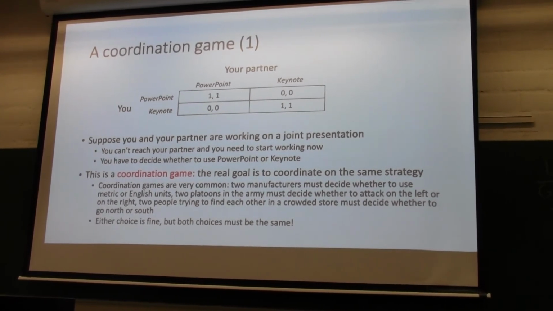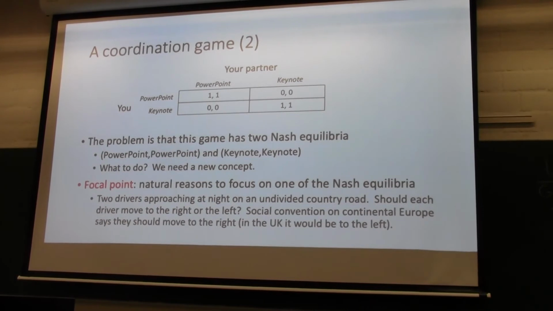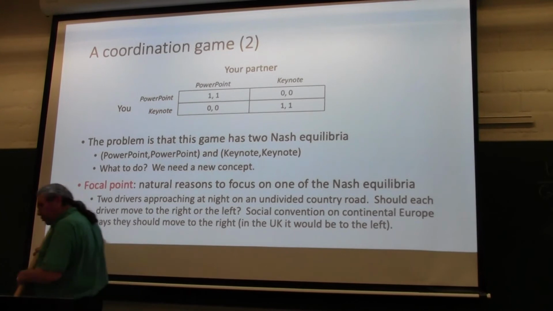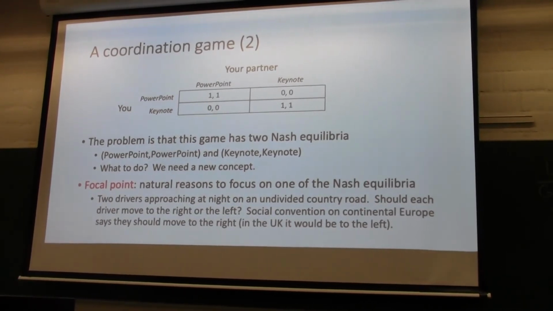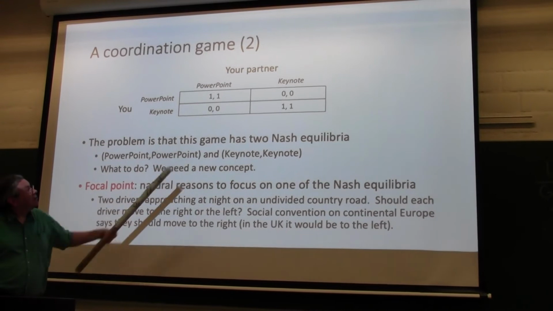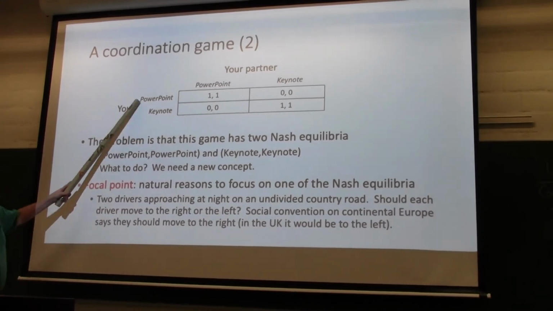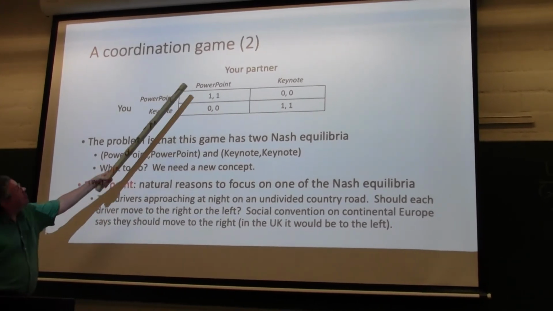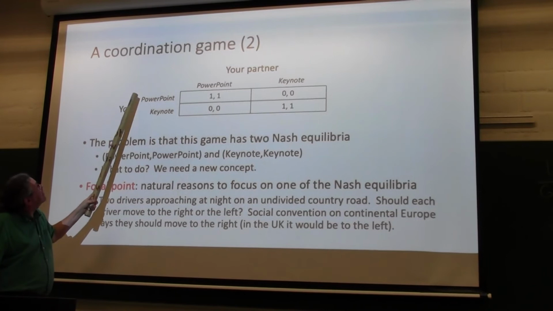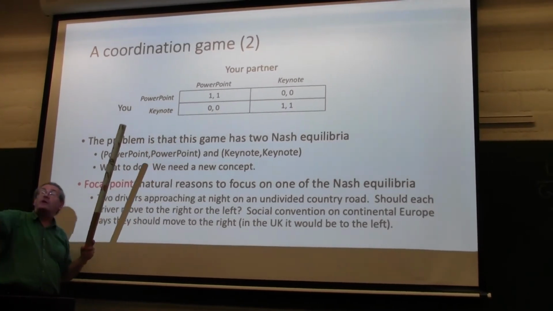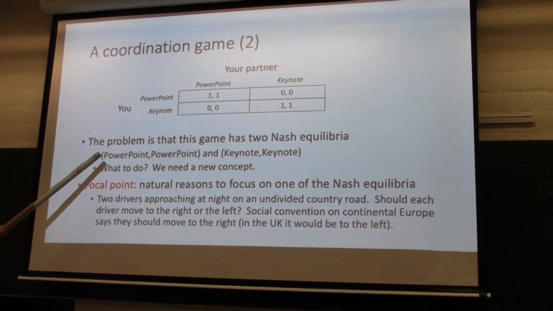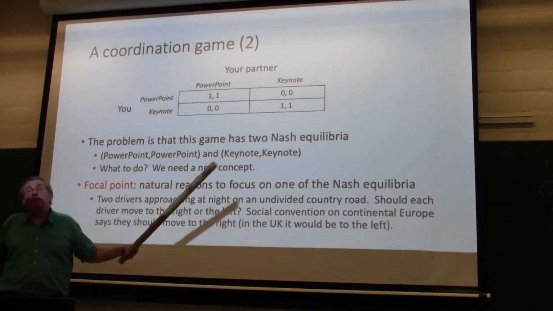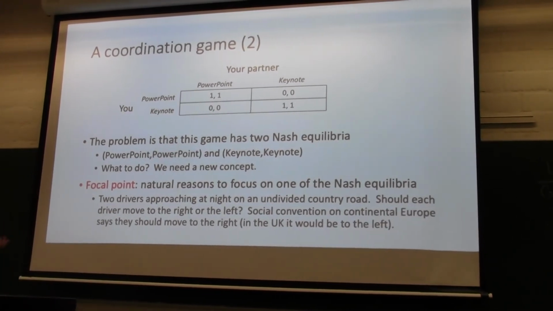So this game has two Nash equilibria, two possible stable outcomes: PowerPoint, PowerPoint, and Keynote, Keynote. How can you see that? Well, if I pick PowerPoint, the best choice of the partner is PowerPoint. And if my partner picks PowerPoint, the best choice for me is also PowerPoint. So it works both ways. And the same for Keynote, symmetric. So there are two stable solutions, in a sense. So which one do you pick?